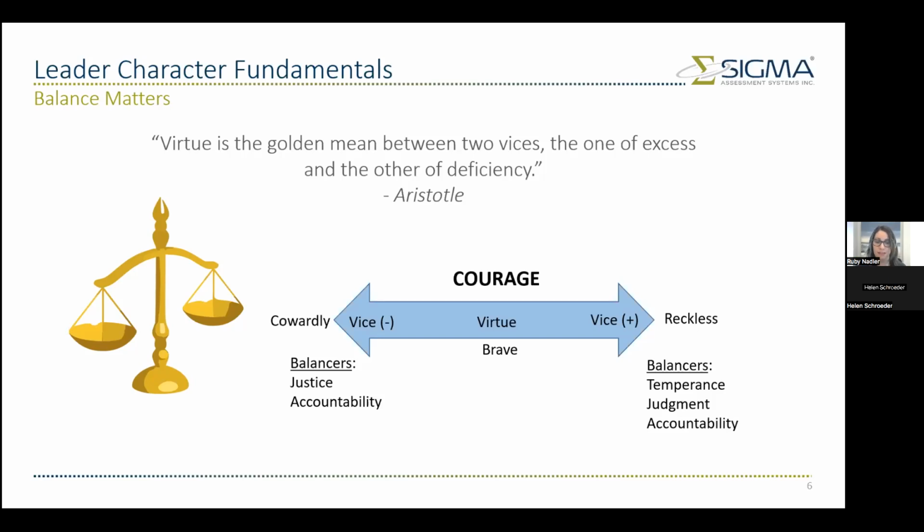So for instance, someone who wants to bring forward bravery in a situation has to be careful to walk that balance between being reckless and just jumping in, and not doing anything at all, right? Which would be cowardly. So we're talking about character strengths today, and I'll talk a little more about balance and what that means, but that's something to understand that can be really helpful. So we're not saying to only be brave in a given situation. It's a little more nuanced than that.